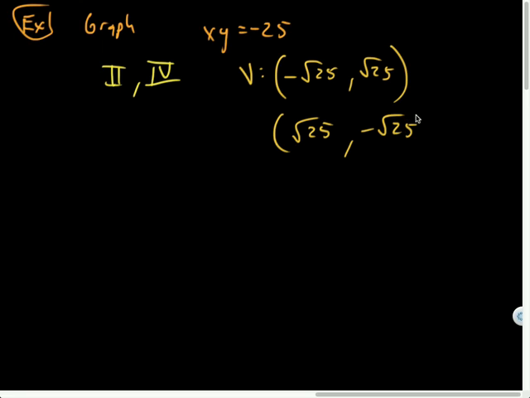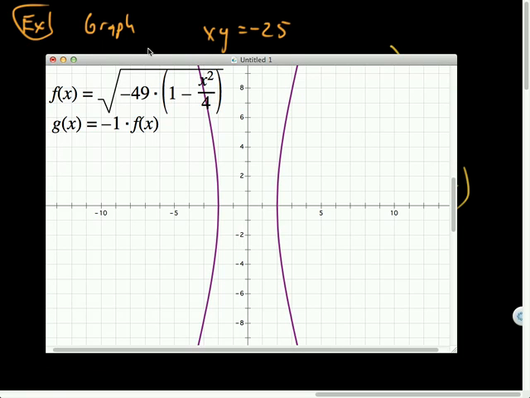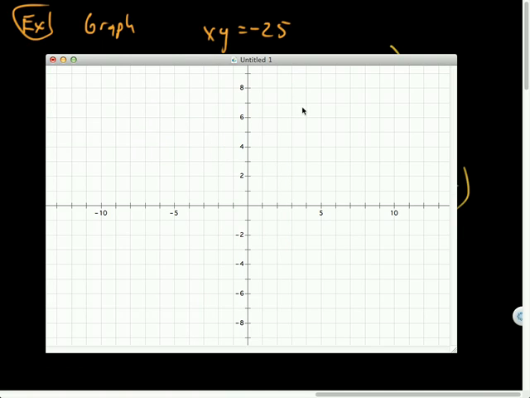And then clearly if I reduce these, I'll get negative 5, 5, and positive 5, negative 5, right? So let's graph this. Let me just delete these, but bam. There we go. Nice clean graph. Voila.